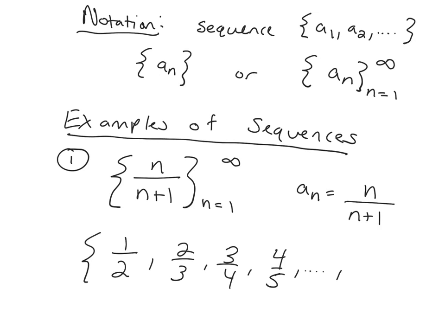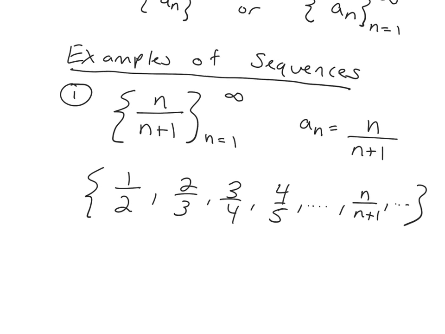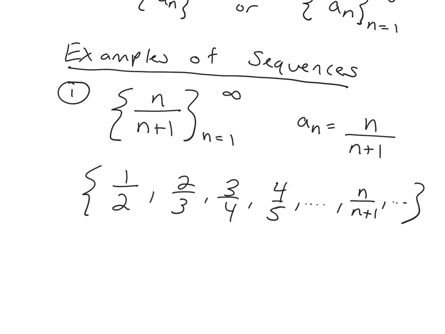And you keep going, and in general, the nth term is n over n plus 1. Okay, so that's one example of a sequence. Let me do the second one. We're just looking at examples of sequences right now. We'll talk about what we can do with them a little bit later, okay?